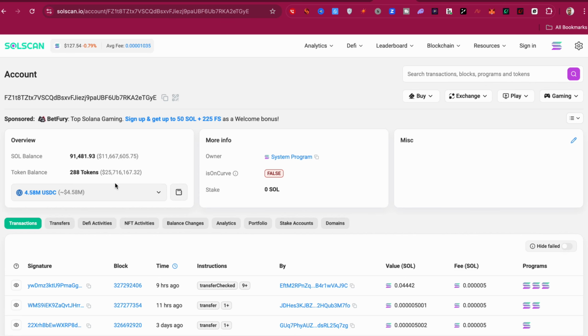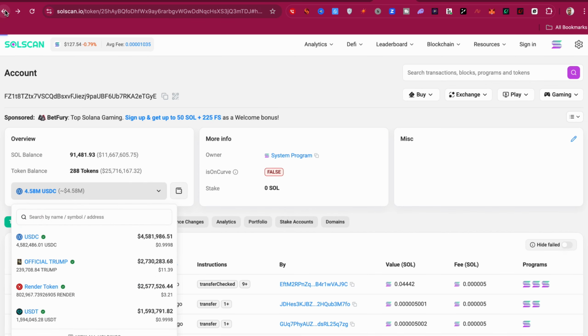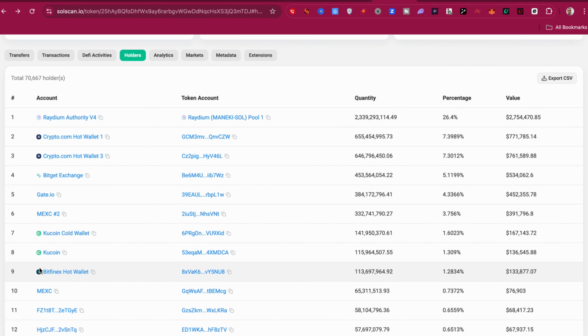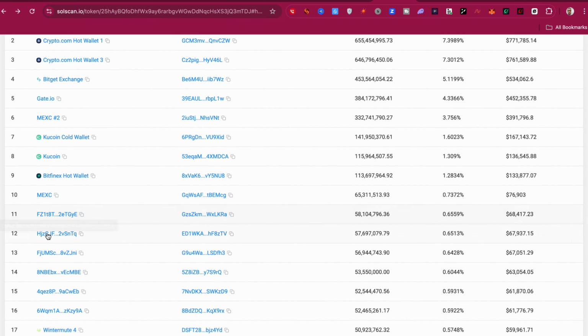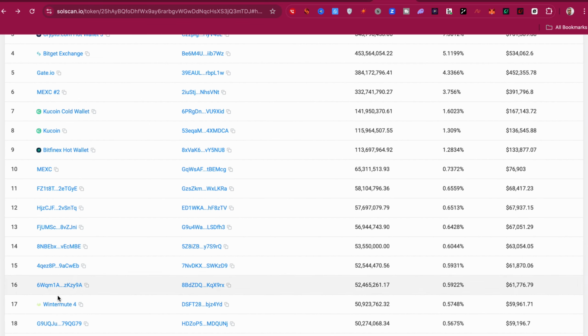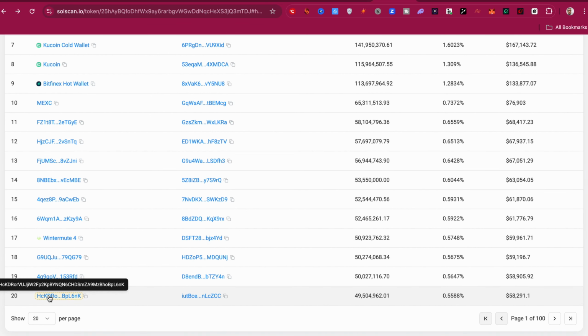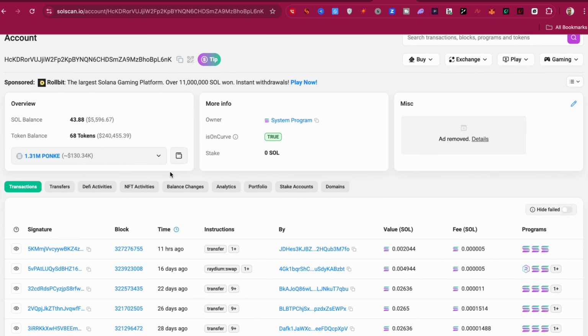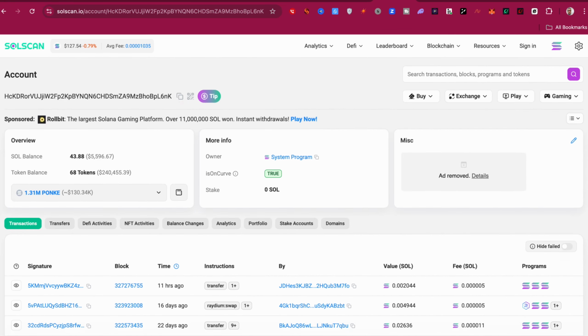I don't know, but $11 million and $25 million in other tokens. So this might be an exchange. I guess it's an exchange account, not a normal person's account, although it's not tagged as an exchange. Let me go down a little more. Wintermute is there, so you can just check down. This is not a very good coin as an indicator, because they have good holders.